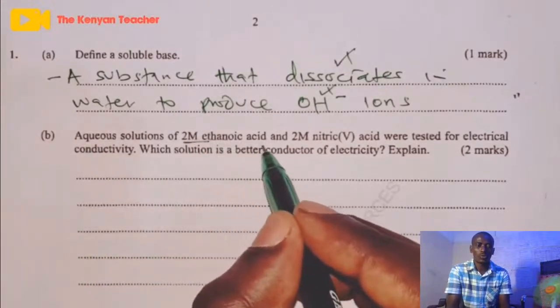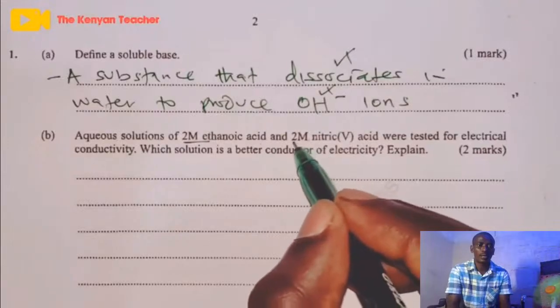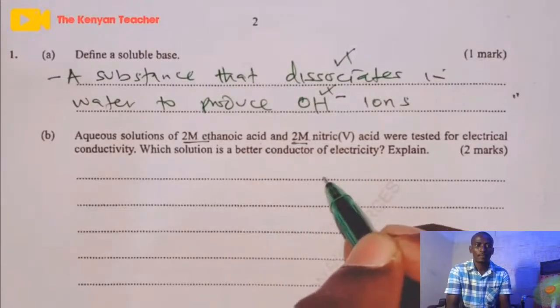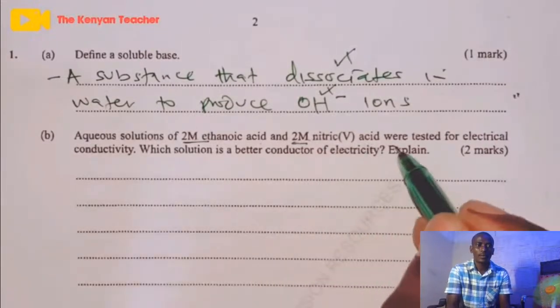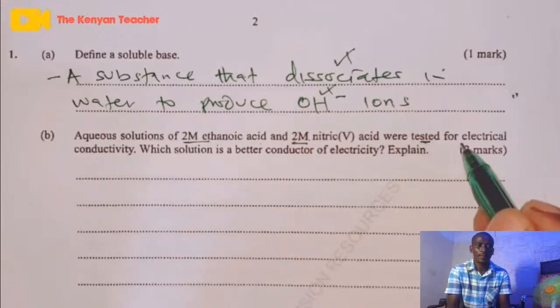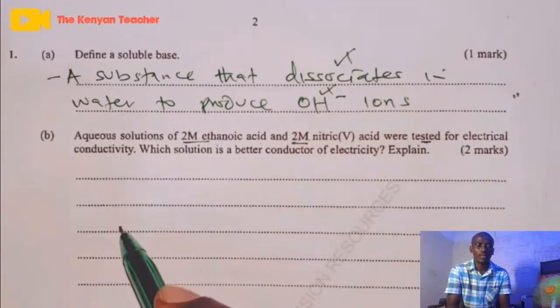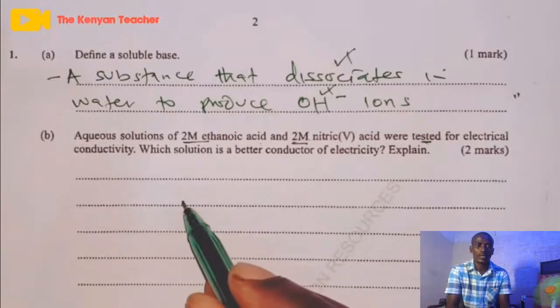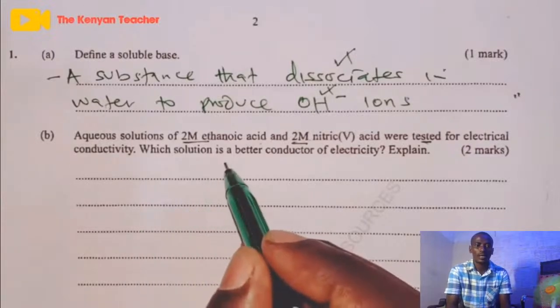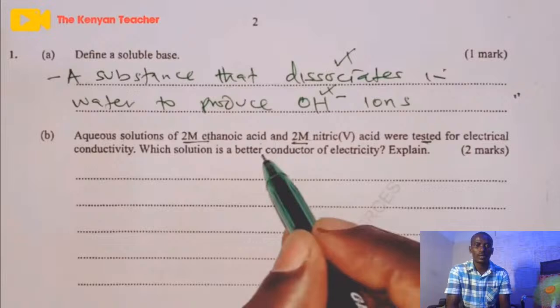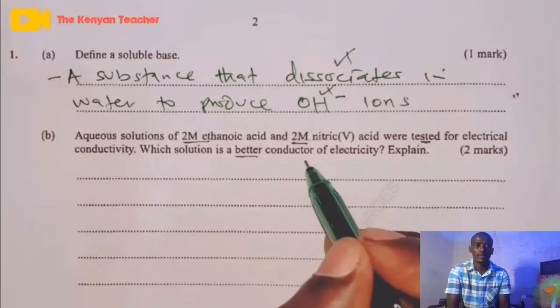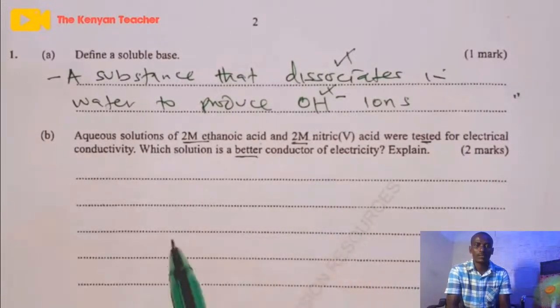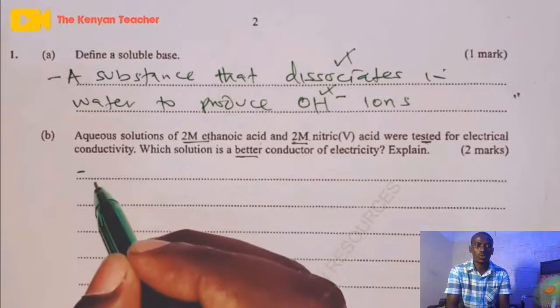So you realize question 1b, this is paper 2, sorry, is talking about something that will conduct electricity. Now look at this: aqueous solutions of 2 molar ethanoic acid and 2 molar nitric acid were tested for electrical conductivity.